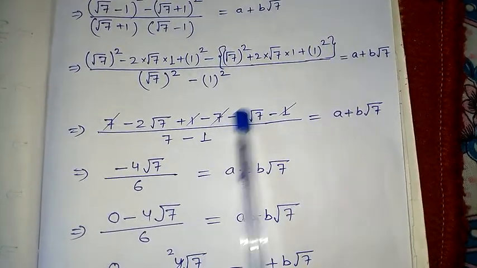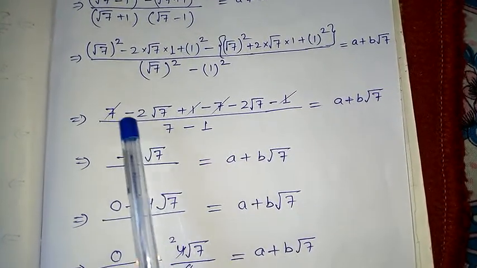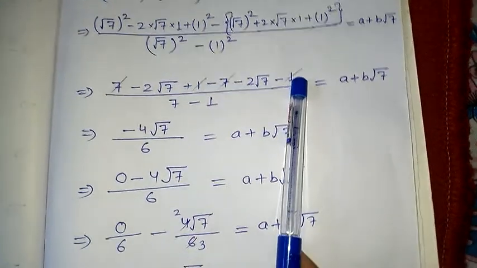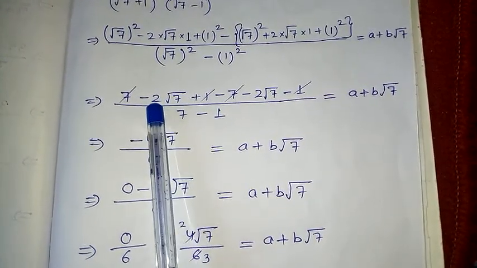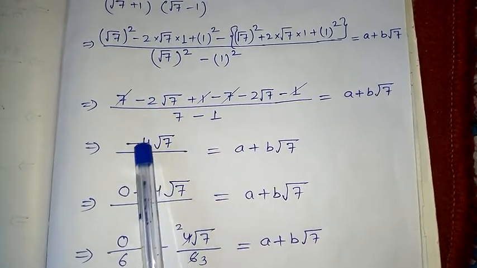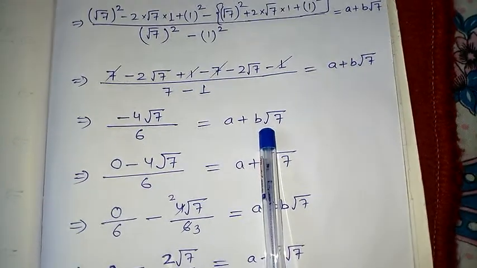So I multiplied also and opened the bracket, and this one is same, here 7 minus 1. Next plus 7 minus 7 cancelled, plus 1 minus 1 cancelled. Next only what remains is minus 2 root 7, minus 2 root 7, we cannot cancel, both are minus, so it will be minus 4 root 7, and 7 minus 1 is 6, this one is same.